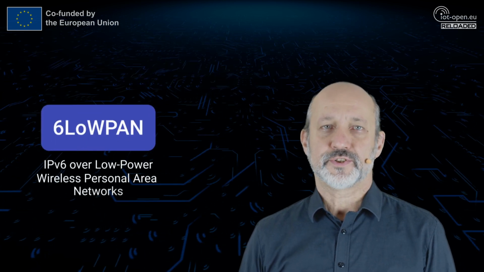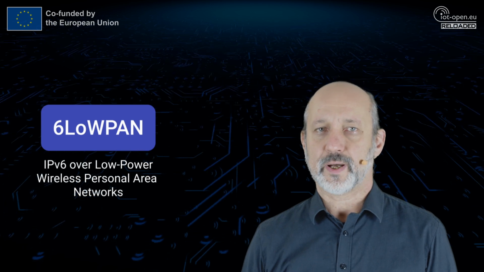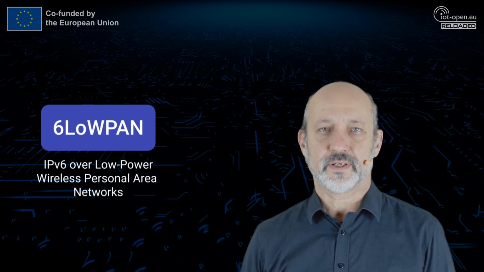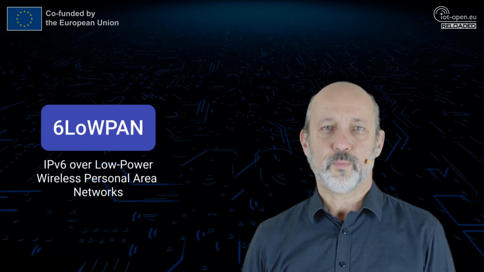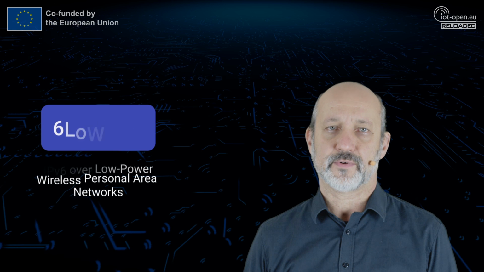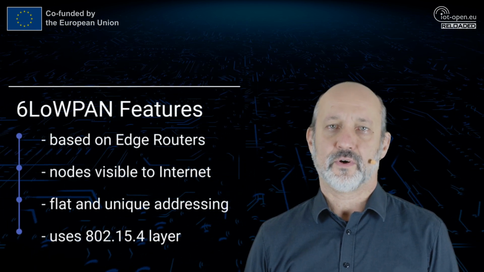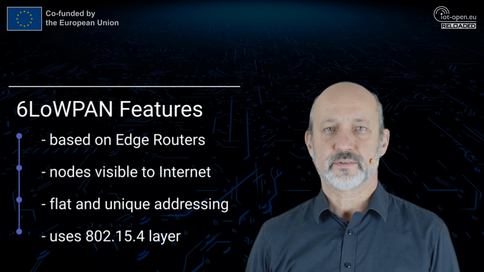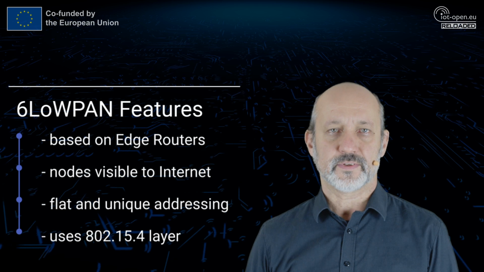Another protocol which implements IPv6 addressing in IoT networks is 6LoWPAN. The name of it is abbreviation of IPv6 over low-power wireless personal area networks. This protocol is based on edge routers which allow connecting 6LoWPAN networks with other networks.